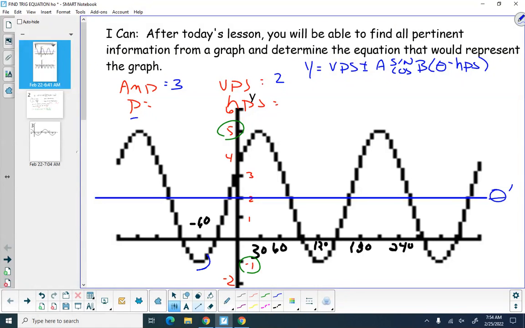You take a look at this valley and this valley, or this peak and this peak. What is the number of degrees that we have? 180 degrees. I go from -60 to 120, or 30 to this value here, which looks like 210.